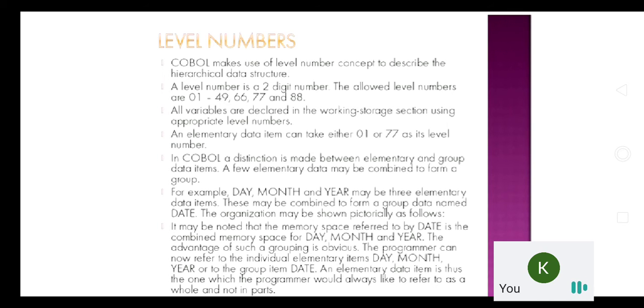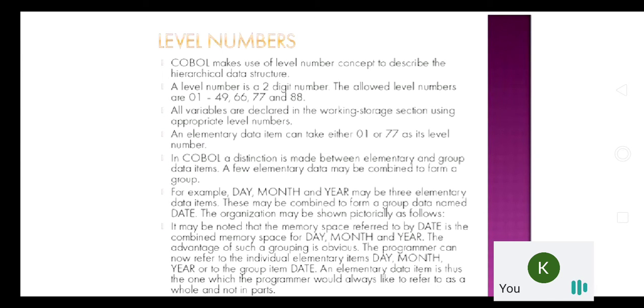Whatever data item you're going to declare under the working storage section, you have to declare it with some appropriate level number. Suppose you are not going to use a group data item, and for all the elementary data items you could use any level number, starting from 01 to 49. It won't be any problem.